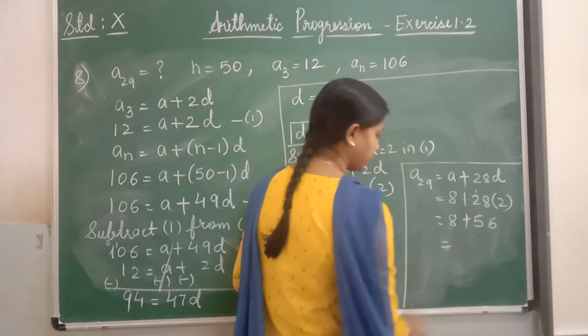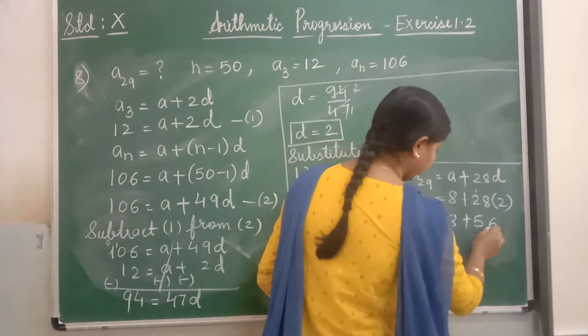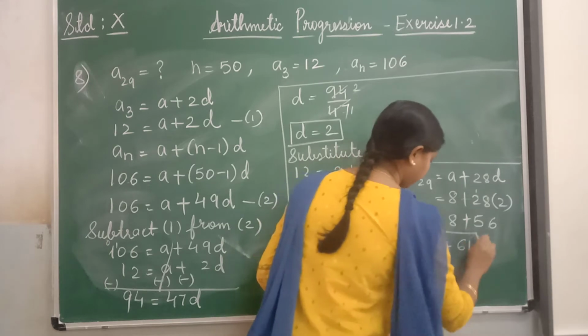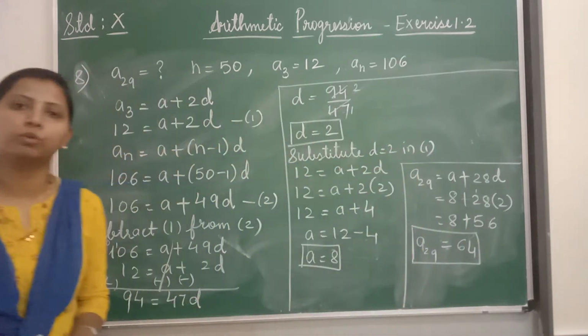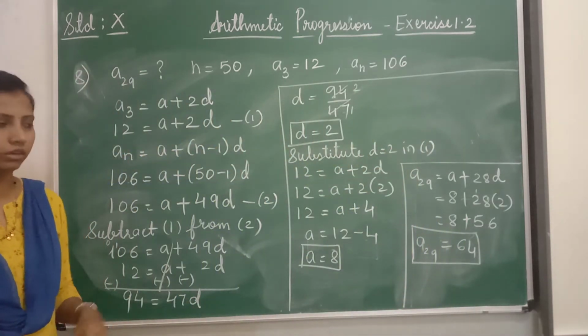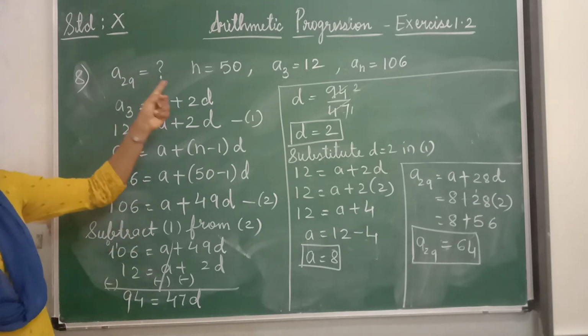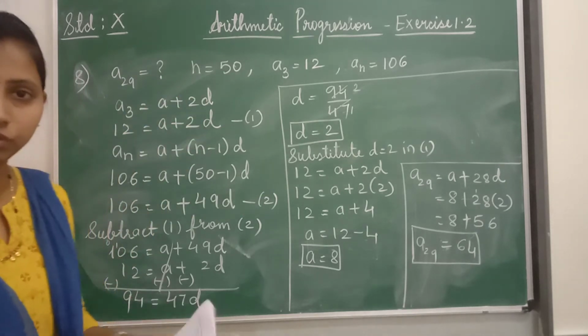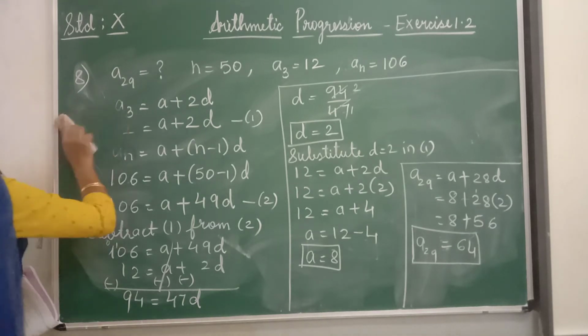So 8 plus 56 is 64. So the 29th term is 64. Understood children? So you got the 29th term as 64. Now let's move to the next question.